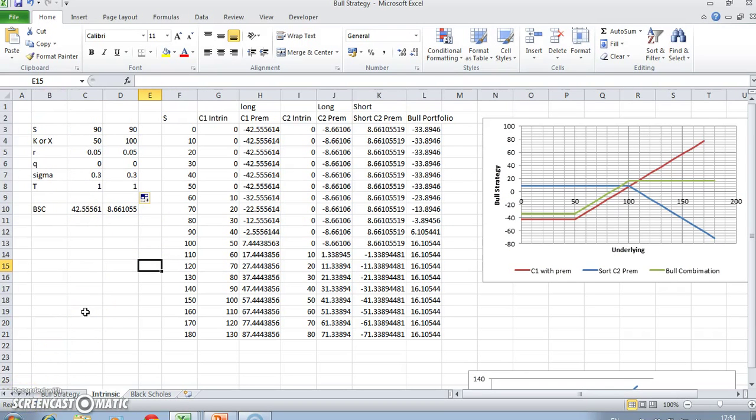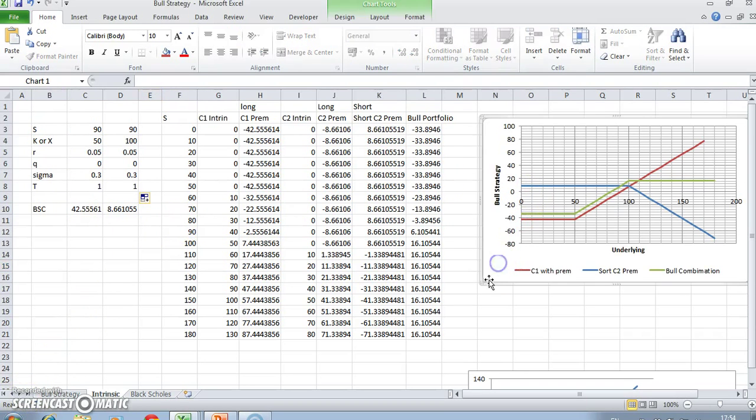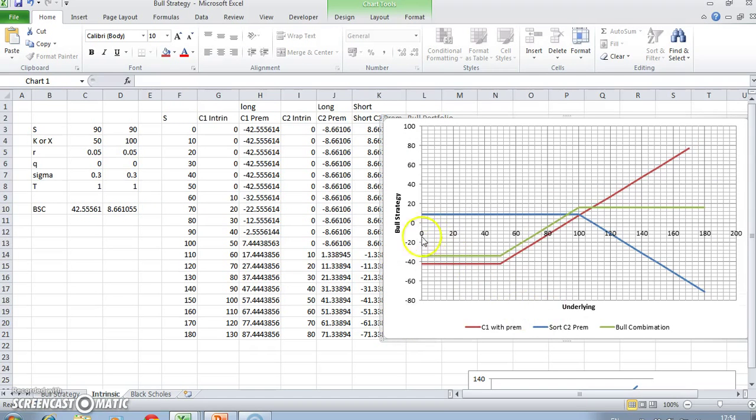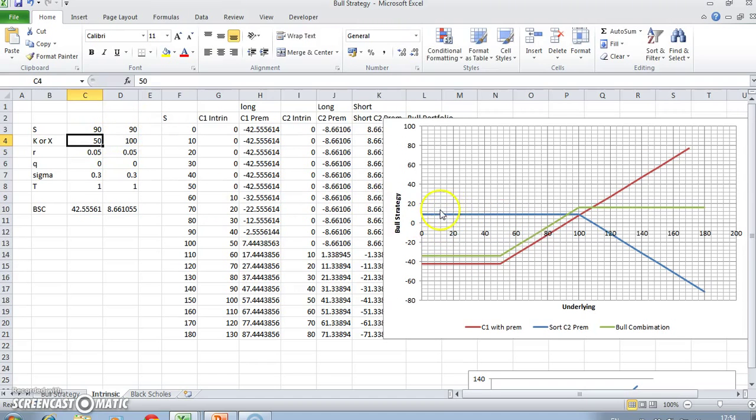Okay. So what this provides us with is a picture of the bull strategy. If we go long a call with the lower exercise, the exercise here would be 50, and short a call option, so selling a call option with a higher exercise, the exercise here would be 100.